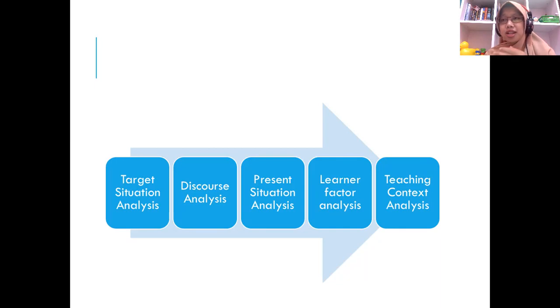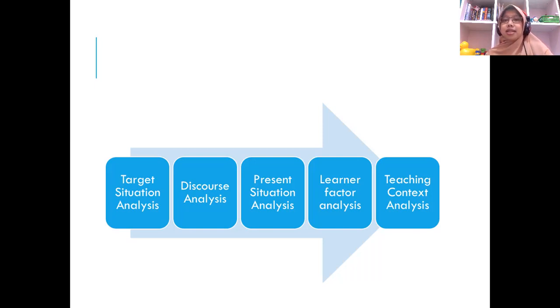For instance, what they have already known, what they want, needs, and necessity. Wants, needs, and lack. Apa yang diinginkan, apa yang ternyata masih kurang di mahasiswa itu, skill apa yang masih kurang, needs, wants, and lacks. Okay.